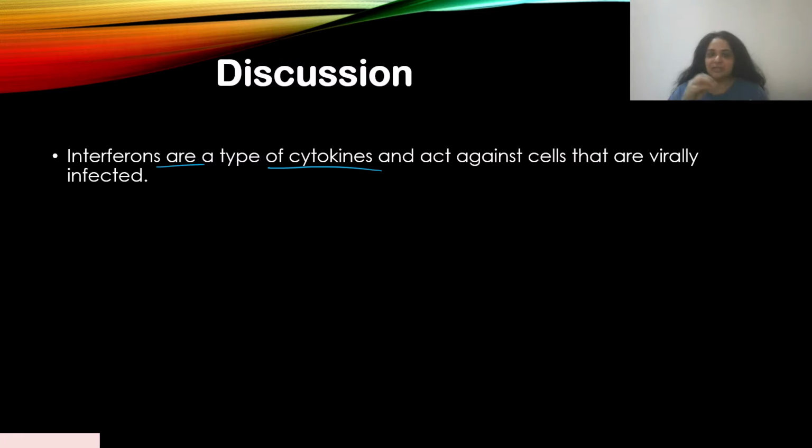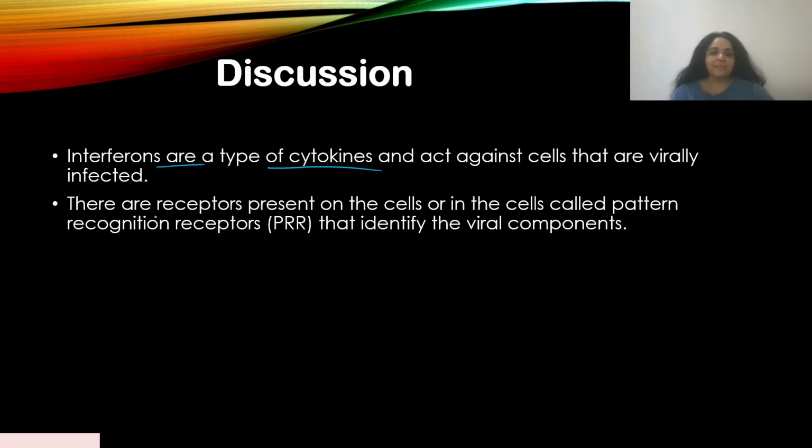So that cell has released interferon, and that goes to the next cell, which then activates processes in the next cell, informing it that there is a viral infection. So it helps in defending itself against the virus. What happens is that there are receptors present on the cells and in the cells, called pattern recognition receptors.